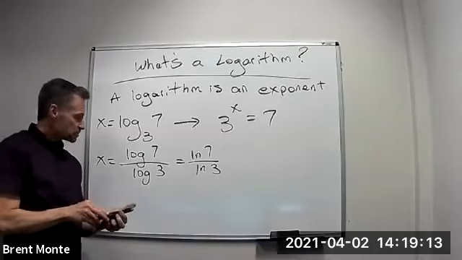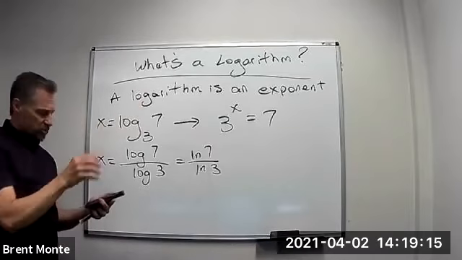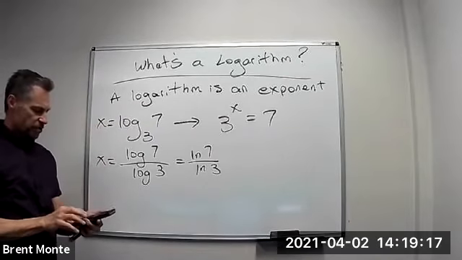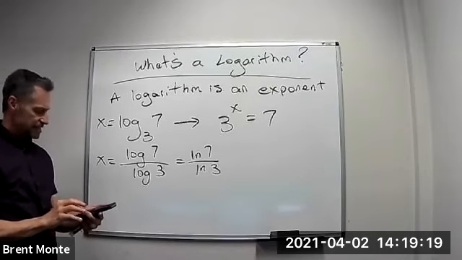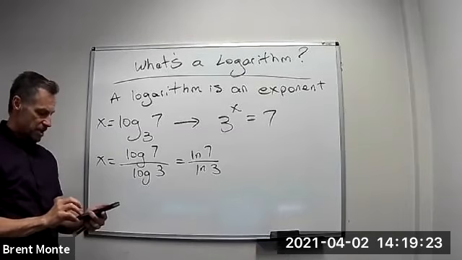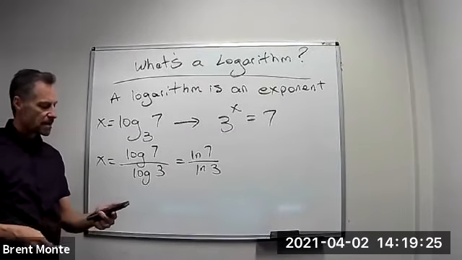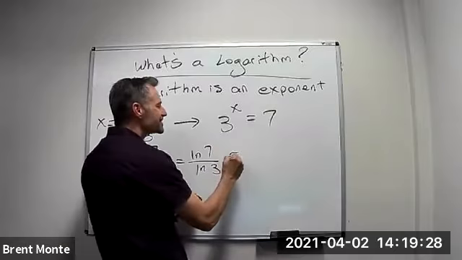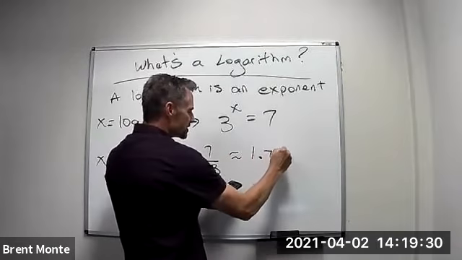So in my calculator, I'll just plug that in real quick. Remember, it's something between 1 and 2. So if I go log 7, close my parentheses, divided by log 3 equals, to 4 decimal places, I get approximately 1.7712.